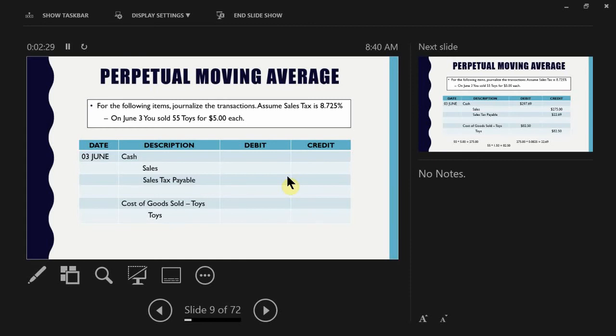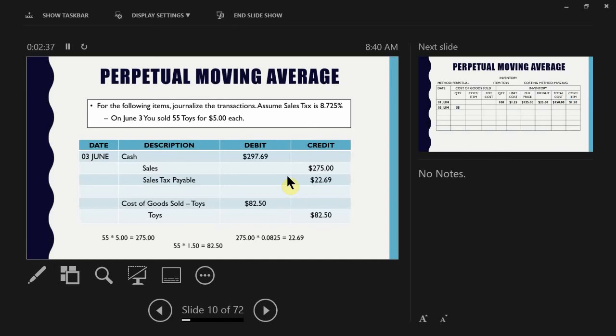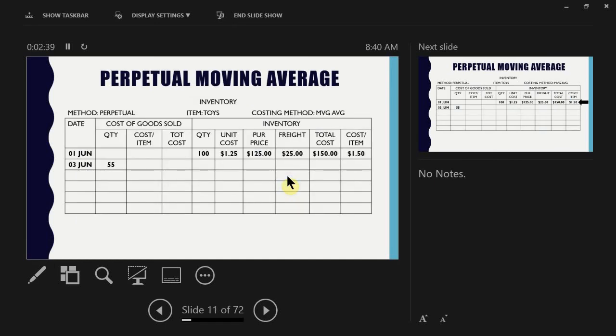All right, so let's see what happens when we make a sale. Here we made a sale on June 3rd. You sold 55 toys for $5 each. Okay, and now we recognize it here. We still only have one batch, so we could go ahead and safely take that from that batch and continue going forth. So this right here is the generic beginning in every single scenario we've done so far.